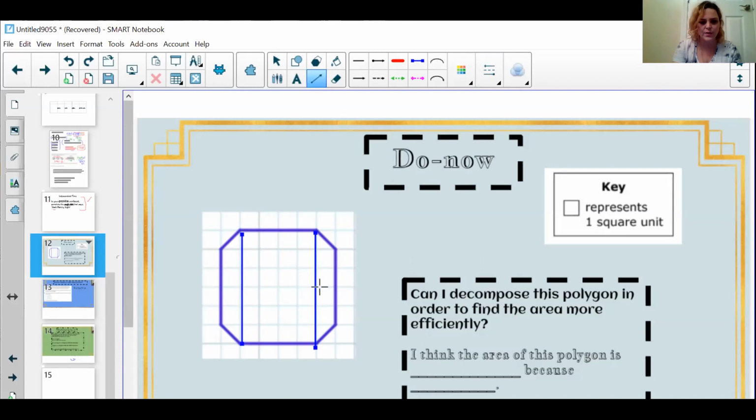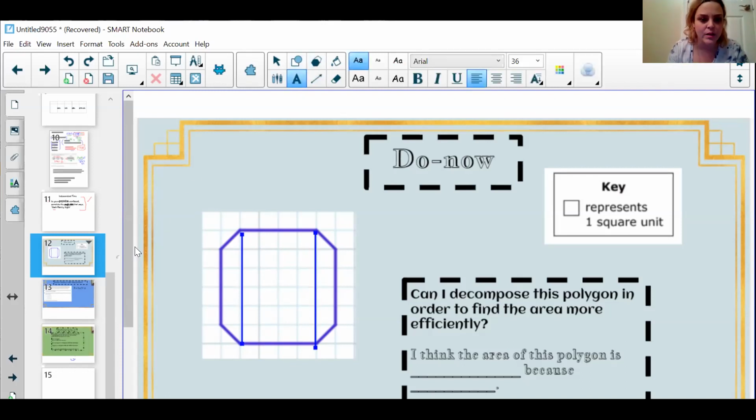So now I have in the middle this rectangle, and I know that I can find the area of a rectangle because I have to multiply, that's right, height times width. So I'm gonna start writing out an equation. Let me see, what's my height? 1, 2, 3, 4, 5, 6.